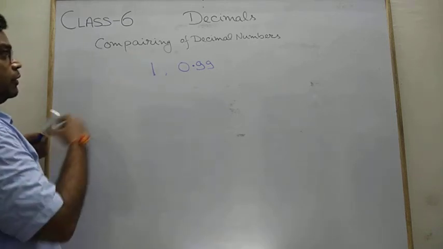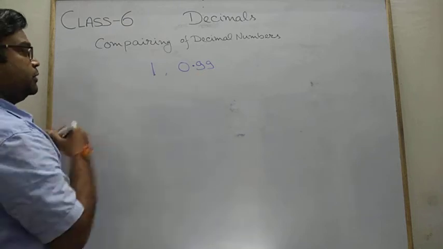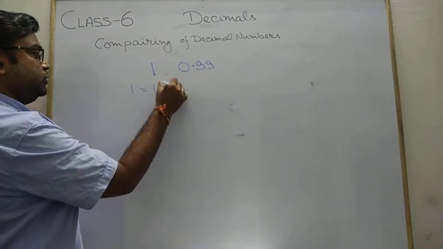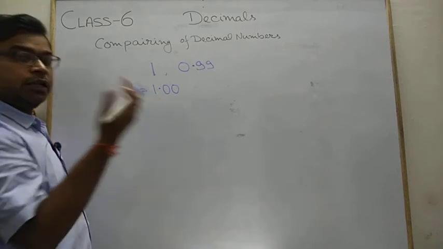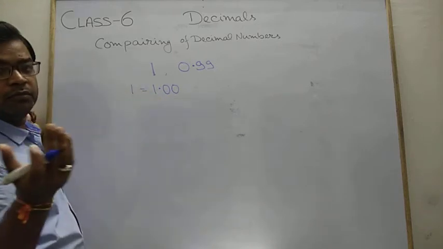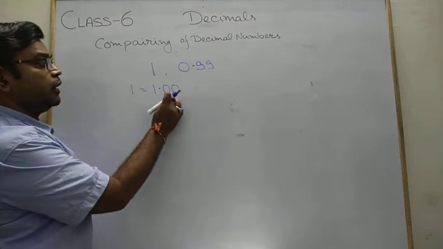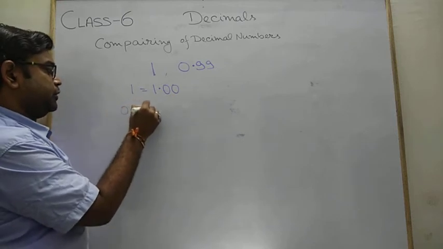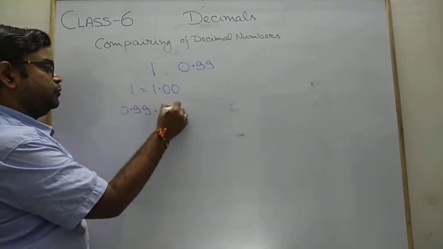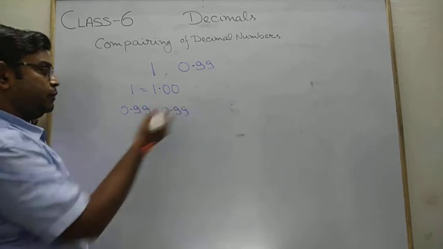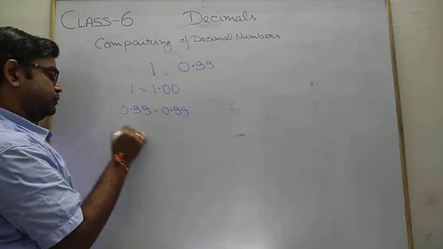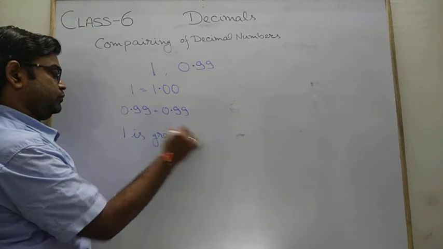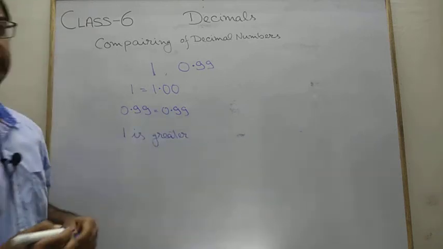Because there is no decimal in 1, we can write 1 as 1.00, because we know that after the decimal using 0 is meaningless if there is no number. And 0.99 is equal to 0.99. From this you can write down that 1 is greater. Clear? We can complete a sentence also.